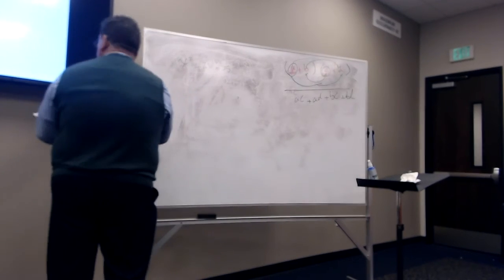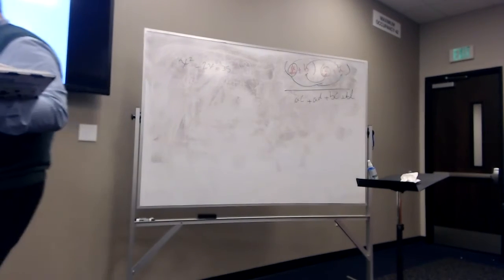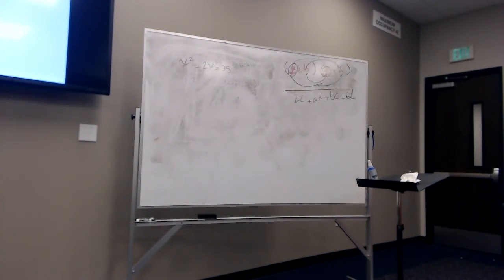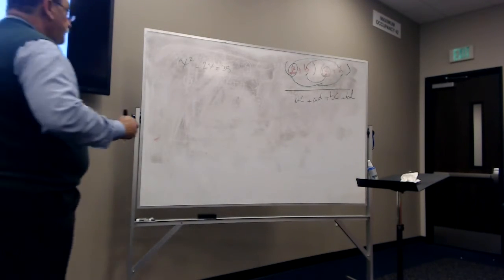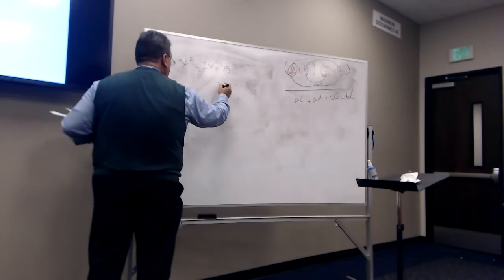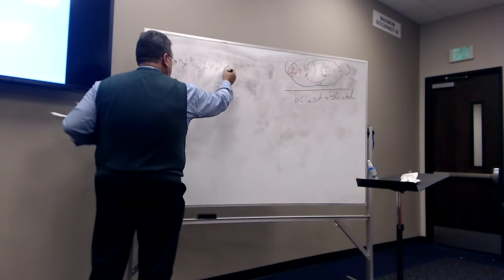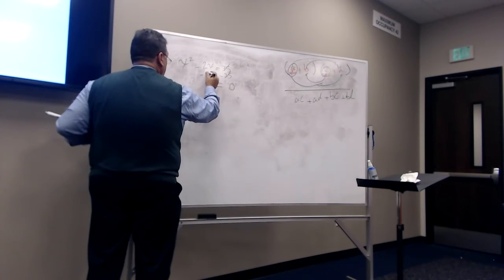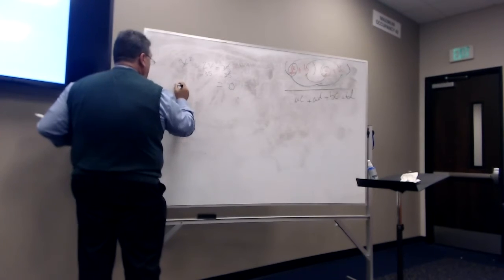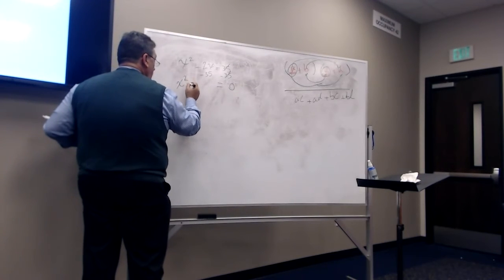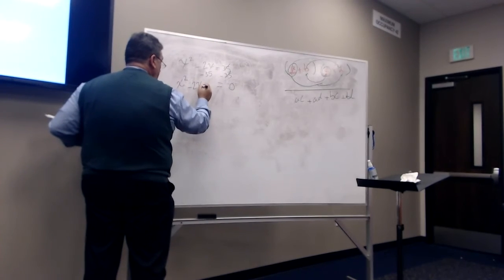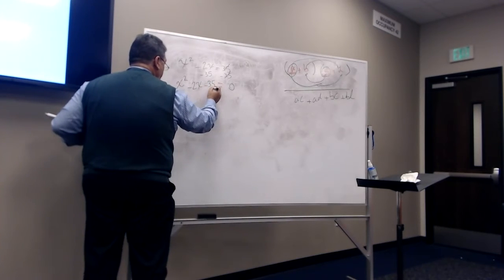I want to make it into the quadratic form, which, as you remember, is ax squared plus bx plus c. So I want to get rid of 35. I add minus 35. These two cancel. So I get x squared minus 2x minus 35.